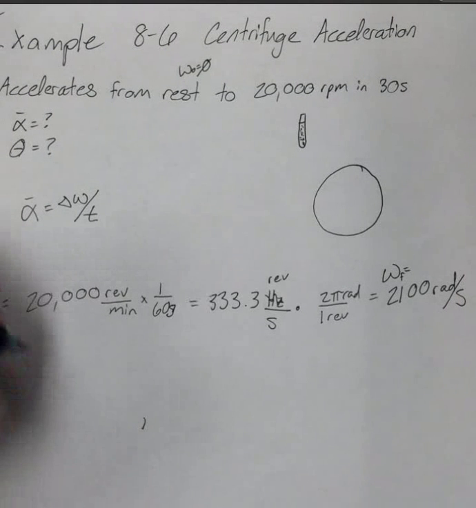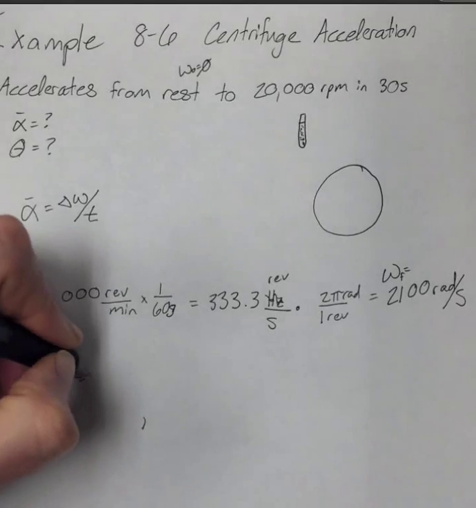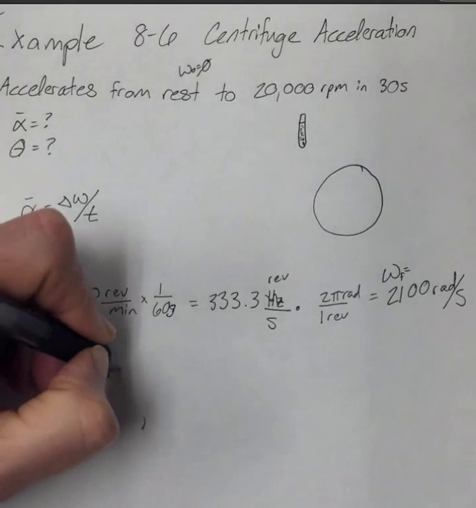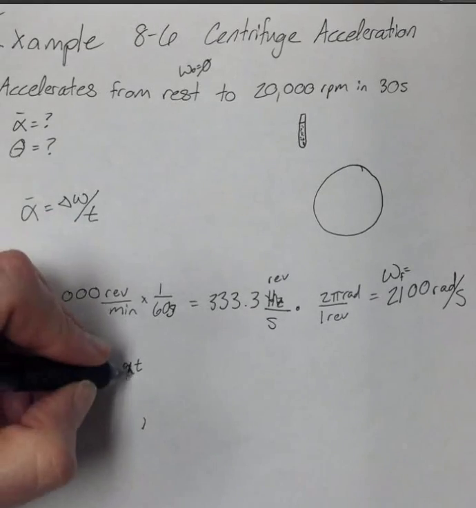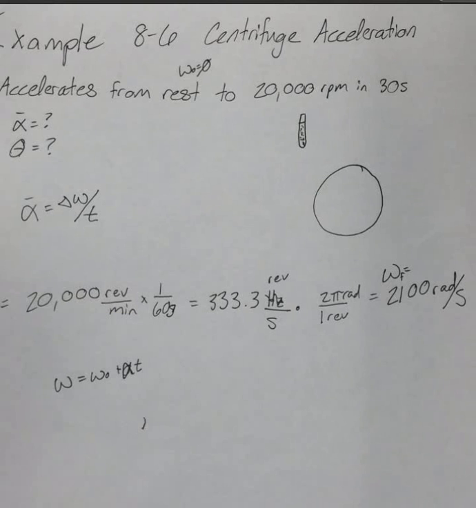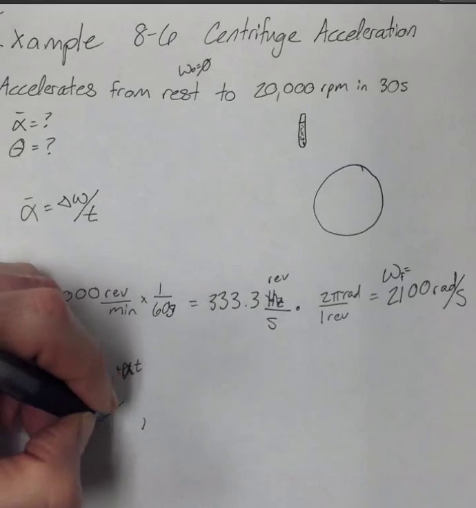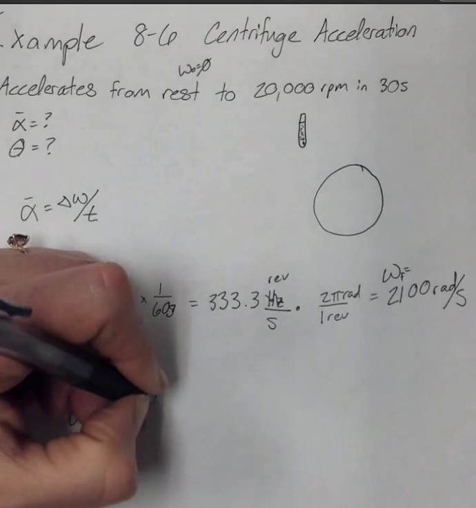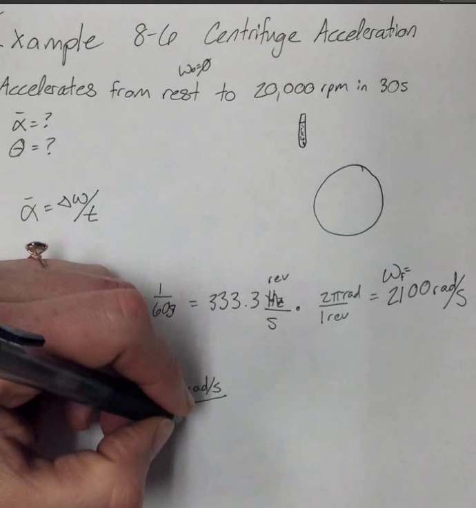So we can use ω = ω0 + αt to solve for alpha. So our acceleration is going to equal ω over t, or 2100 radians per second divided by 30 seconds.